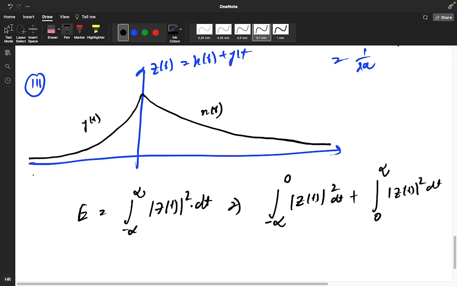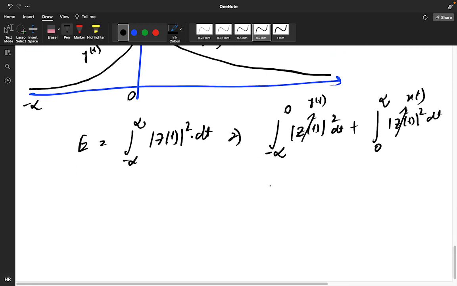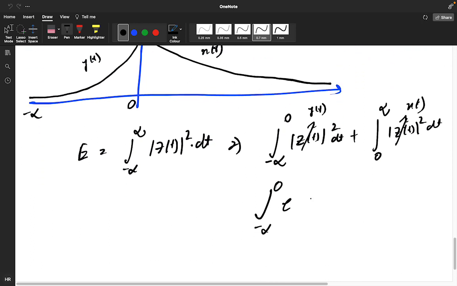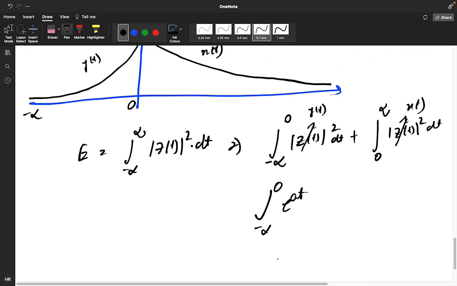From minus infinite to 0, which function do you have? y of t. And 0 to infinite, which function do you have? x of t. And what is the value of y of t? E power at, the whole square, into dt. And here it is e power minus at, the whole square, into dt.